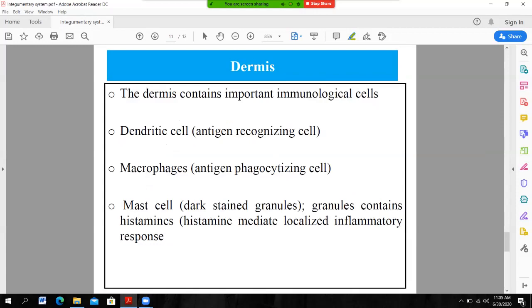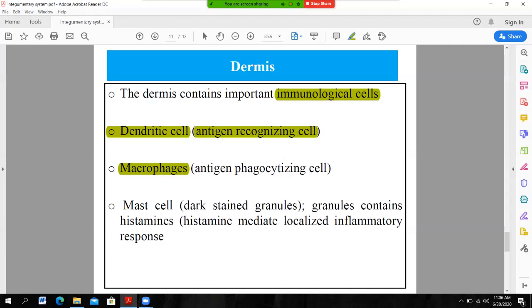The dermis contains some important immunological cells, like dendritic cells. Dendritic cells are a type of immunological cell, and they are the antigen recognizing cells. The dermis also contains macrophages, whose important function is to engulf the antigen. So there is a recognizing cell and an antigen engulfing cell, and both are found in the dermis.